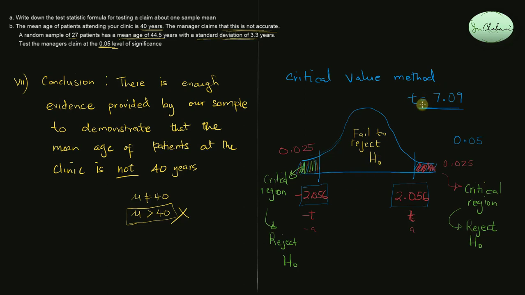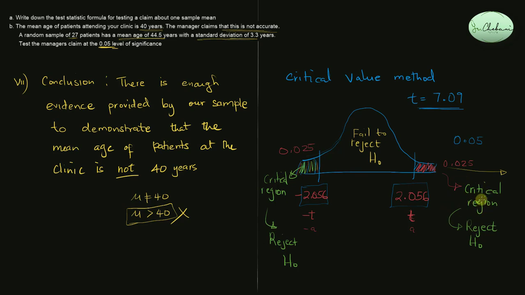Now, for our particular situation, our t value is 7.09, which is way greater than 2.056. So it's way in this area here, which means that it is in the rejection region.